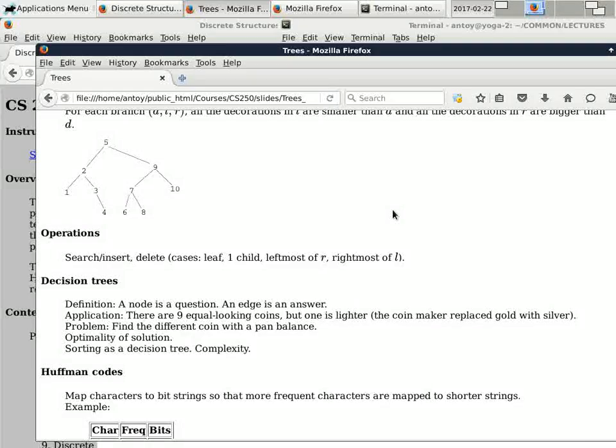What if you want to remove a 4? Well, it turns out that 4 has only one child, right? When I say only one child, I mean that the other child is the empty tree. So what you do is you bring up this other child and everything that is attached under it.